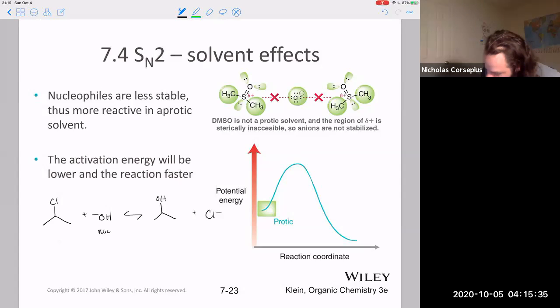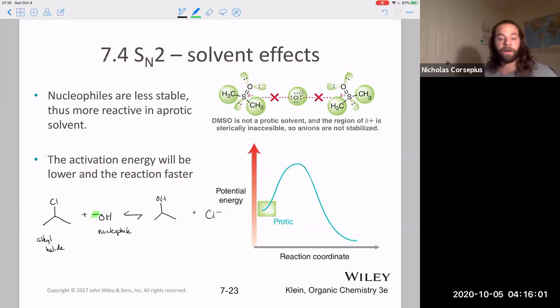Here's my nucleophile. It's my alkyl halide. SN2 reactions occur because you have a strong nucleophile, right? One of the defining features of a strong nucleophile is this net negative charge.